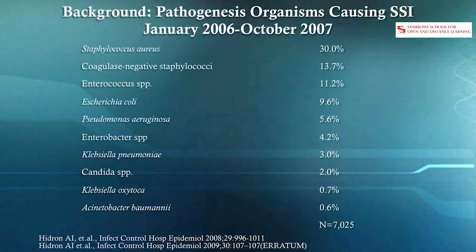If you see here, Staph aureus, coagulase negative Staph, these are basically GPCs, gram positive organisms. They are commonly seen to cause SSI, but some hospitals have reported a higher number of gram negative germs causing SSI, and that is a very risky situation because your infection control practices are not adequate.